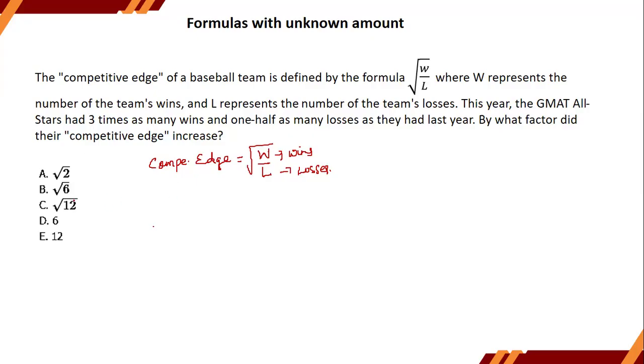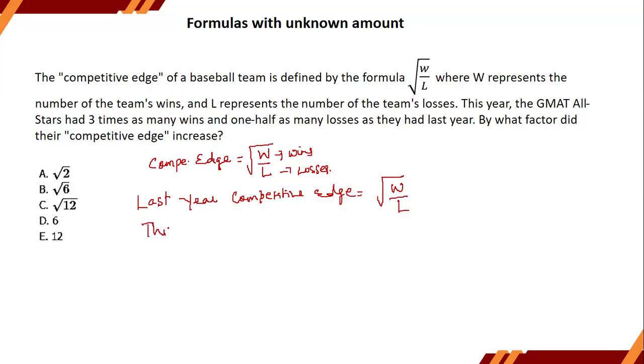Now, how you can do this question is, let's say that this is the original expression we have, that is, this is for last year, right? Last year, the competitive edge is given by root W by L, the same original formula.